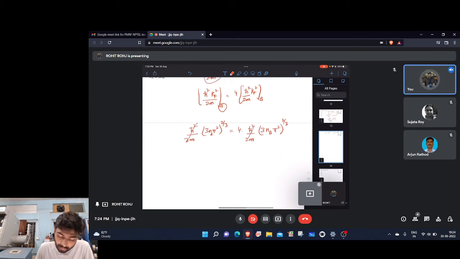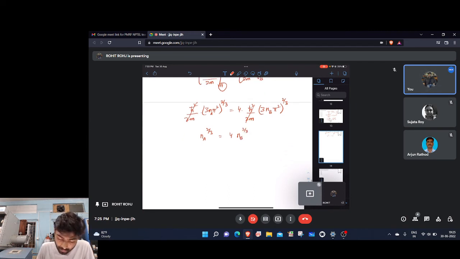Let's see, common things cancel out. 3 pi square also cancels from both sides. What we are left with is nA raised to the power 2 by 3 is equal to 4 times nB raised to the power 2 by 3, or I can say (nA by nB) the whole power 2 by 3 is nothing but equal to 4, which can be written as 2 raised to the power 2. So the exponents go off.